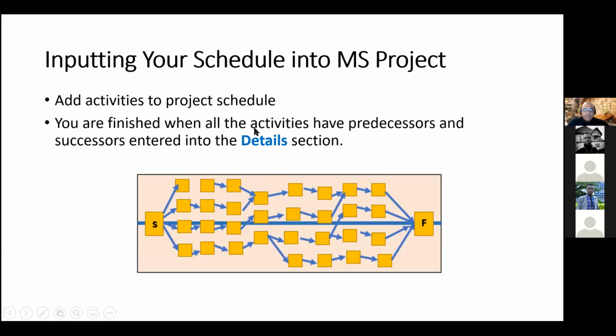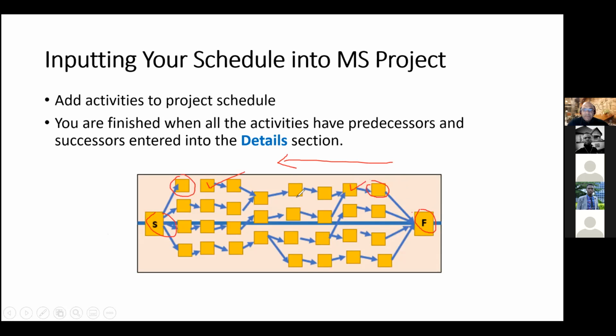Okay, so you're finished when all those activities have predecessors and successors entered into the details section, right? So, for example, for this one here, this is the predecessor, right? For this one here, this is the successor, and so on, right? So all these items from F all the way up to the start, S, have to be entered.